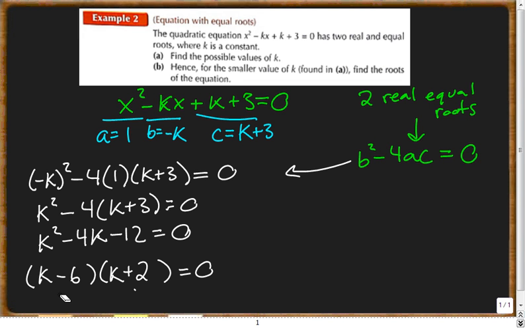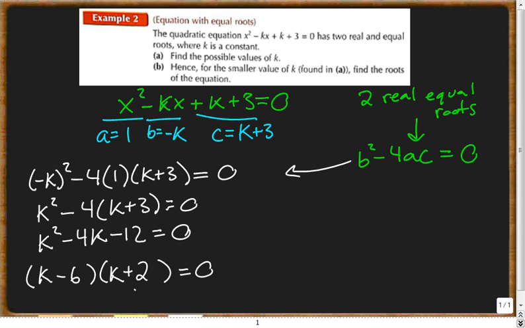And from this we have something very interesting, right? We have a quantity k minus 6 times a quantity k plus 2 equals 0. Well, there's something called the zero product property, which says that if you have a series of things being multiplied together, and all of those things equal 0, then if any one thing being multiplied by anything else is 0, then it will work.